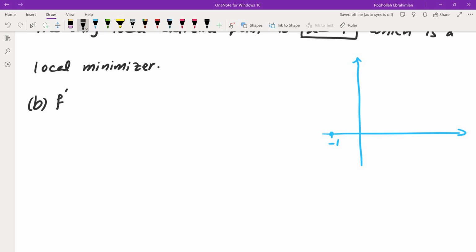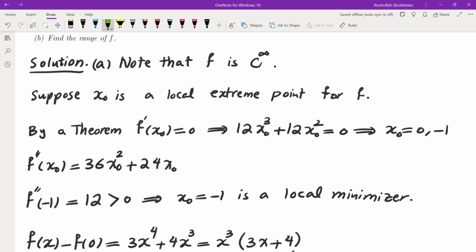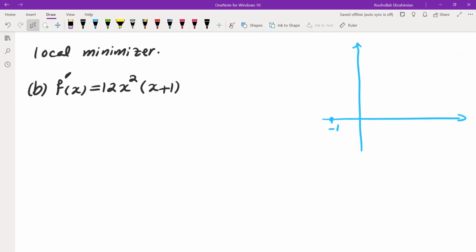So let's just rewrite f prime of x. F prime of x was 12x squared times x plus 1. If we look back at here, we found f prime here. So it's 12x squared times x plus 1. So if we look at the values less than -1, then f prime of x is negative.